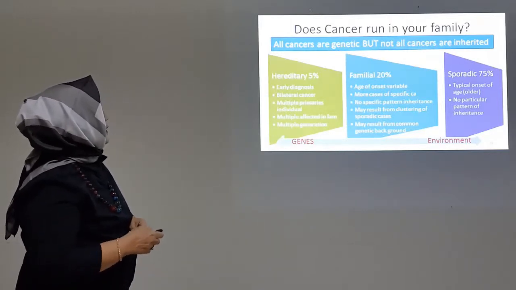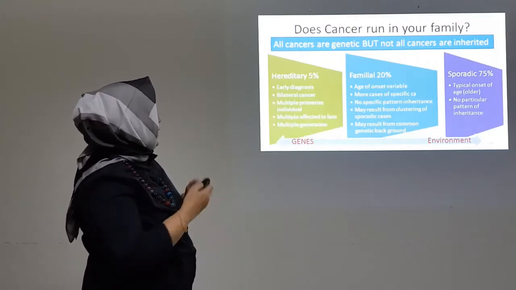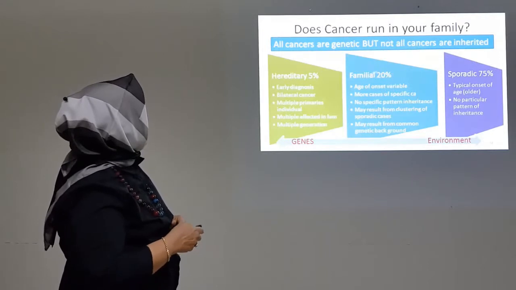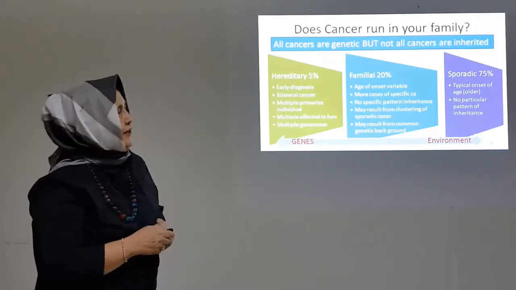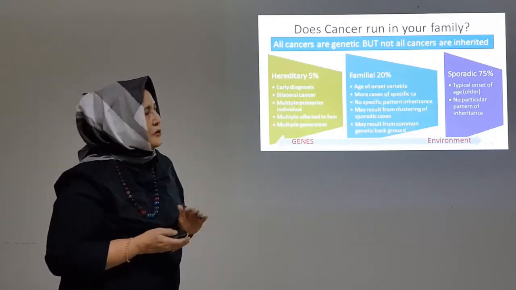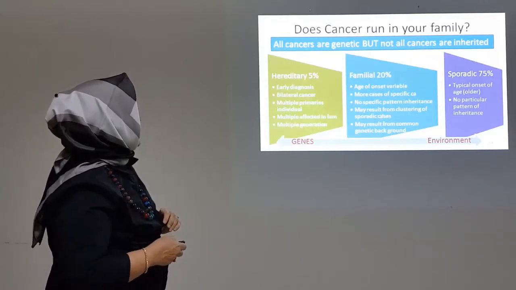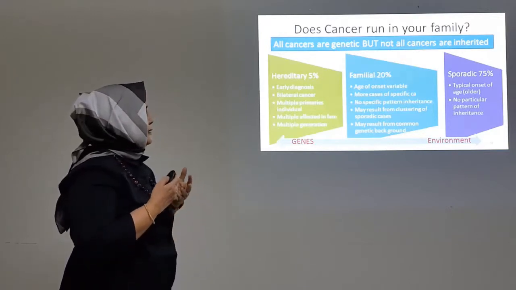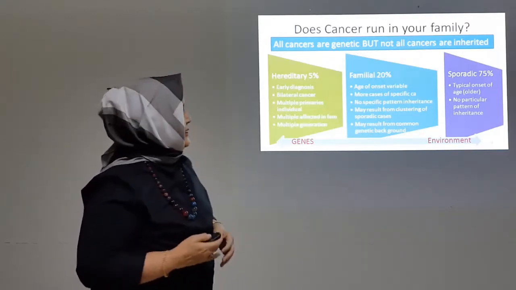The next one, the familial one, is a bit younger than the sporadic but older than the hereditary one. So the familial one is usually around maybe 40 years old. And there is more than one case in the family, but not in each generation.